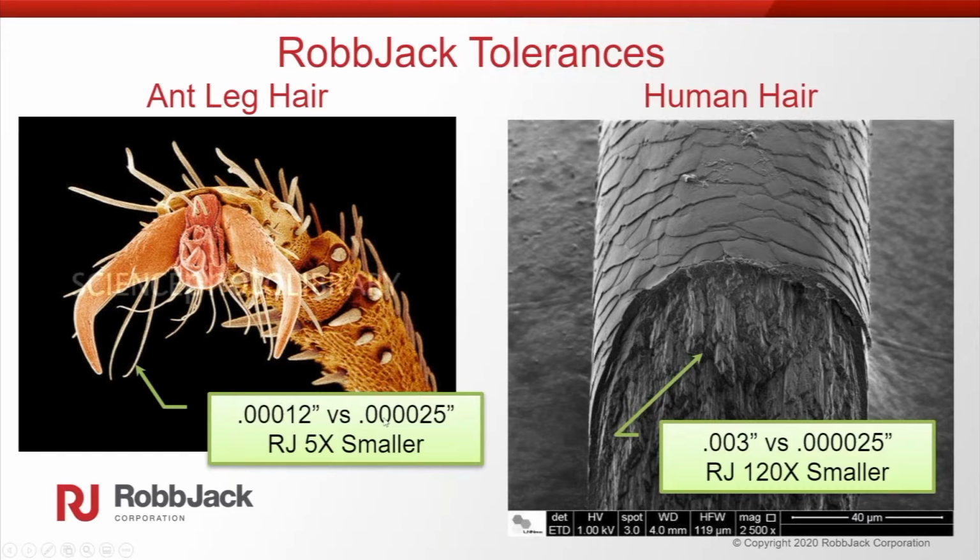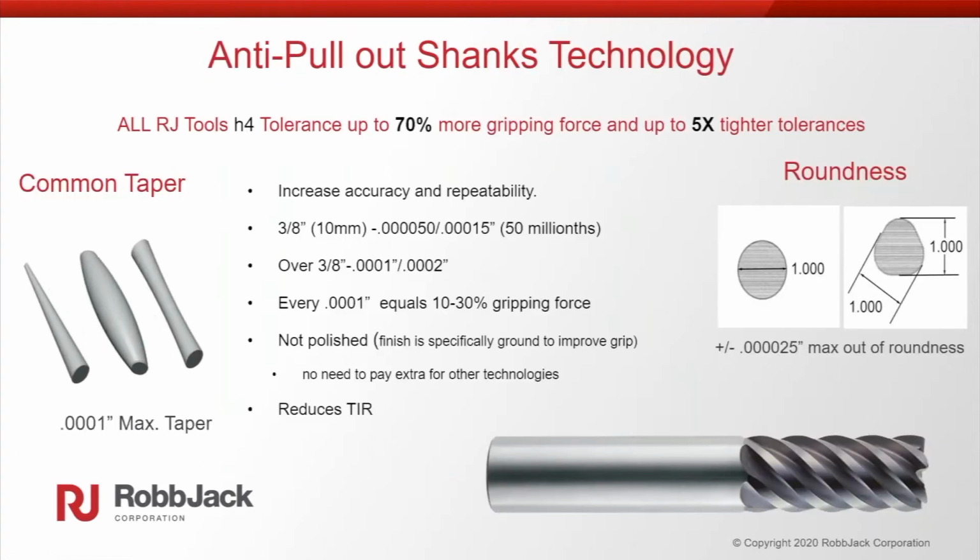Some of the tolerances that we're holding are sub-micron level, on the roundness and things like that on the cutting tool. And so the tolerance that we're holding is about 5 times smaller than the hair on that ant's leg. As well as a human hair, the tolerances that we're holding are about 120 times smaller. So it's very, very tight tolerances and precision types of geometries that we're talking about on these cutting tools.